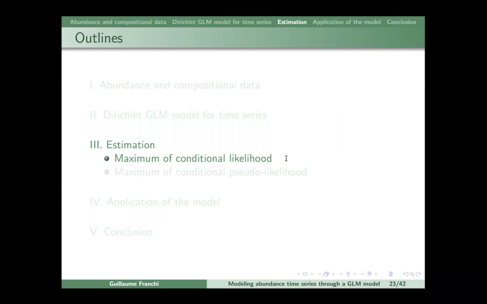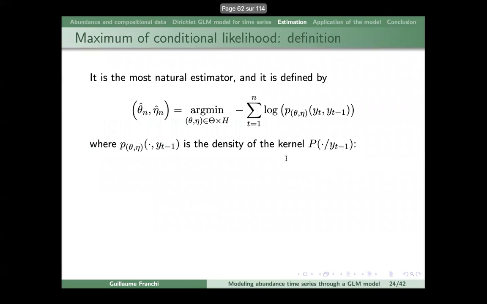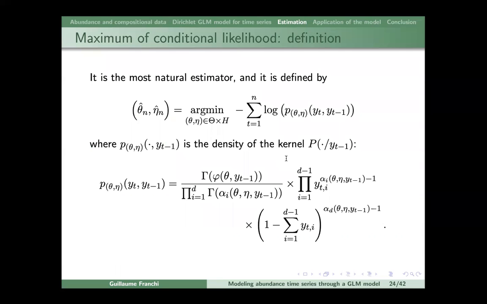And the most natural way to estimate the parameter is to use the maximum of conditional likelihood. I won't enter too much into the details. I don't think it's really important here. But obviously, here's the optimizer of this function, where small p is the density of the kernel big P. I just give it here.